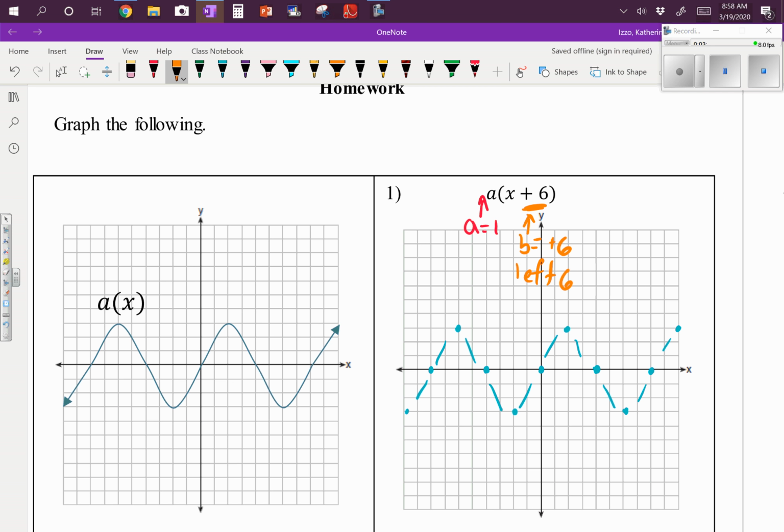Okay. That's great. Sounds about right for a squirrel. All right. And then there is no C, so C must equal 0. So we're not going up or down any. So we're going to go left 6 with each of my points. So this one's going to be off the graph. This one's going to be off the graph. This one's going to be off the graph. This one! Okay. So this one's our first point that's going to actually make it.